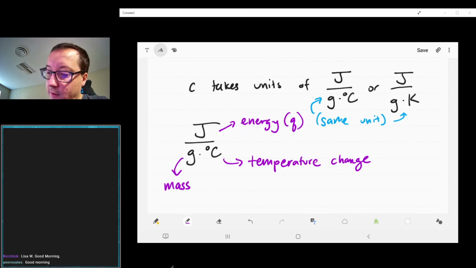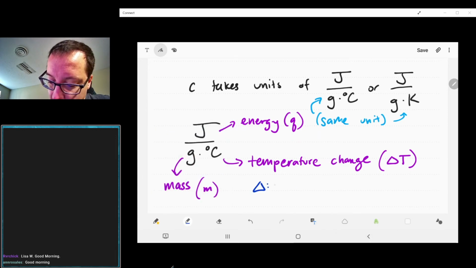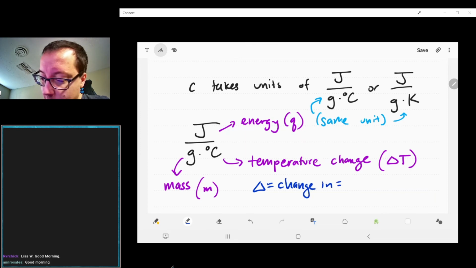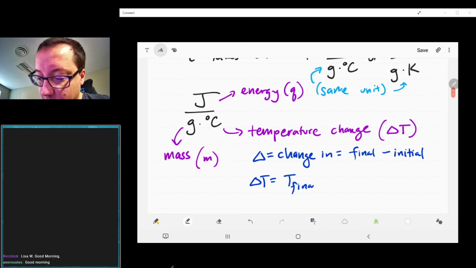So oftentimes, we're going to see that mass is abbreviated with M, and temperature change is going to be what's called delta T. Delta in chemistry means change in, which means whatever it is, your final value of it minus your initial value. So for delta T, that means your final temperature minus your initial temperature.